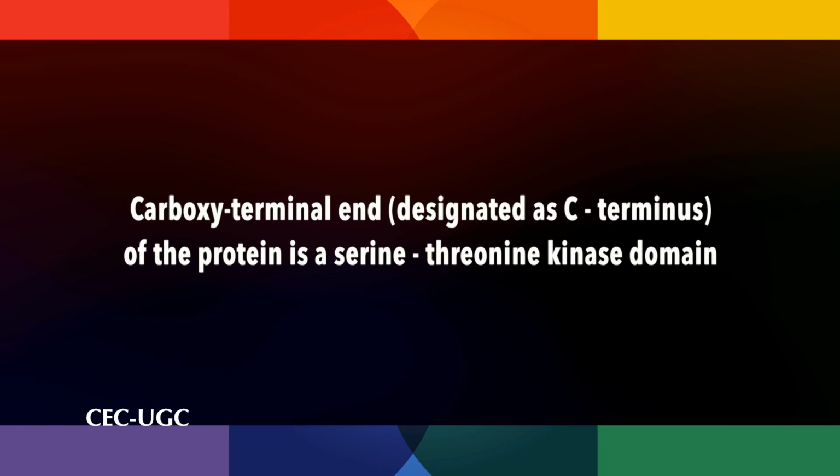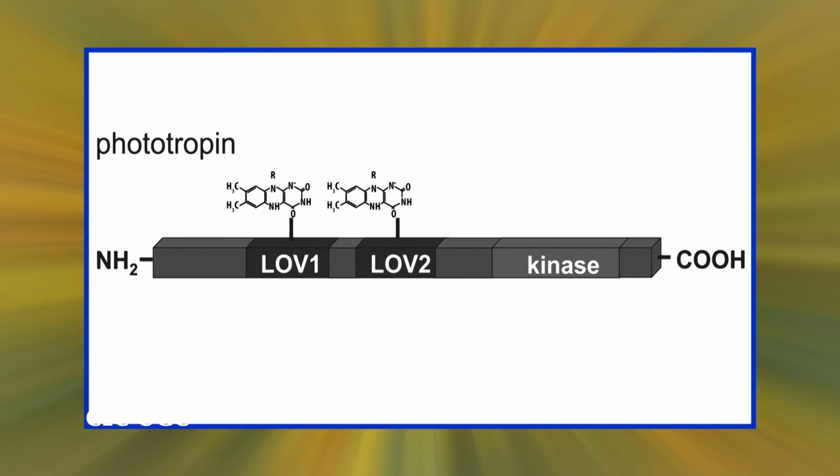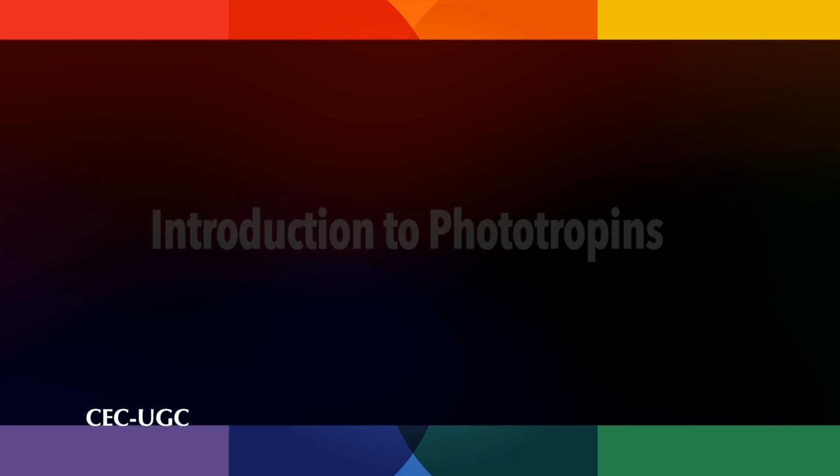At the carboxy terminal end, designated as the C terminus of the protein, is a serine threonine kinase domain. The photoexcitation of the flavin molecule adds a cysteine residue to the protein backbone, thus activating autophosphorylation of the enzyme.